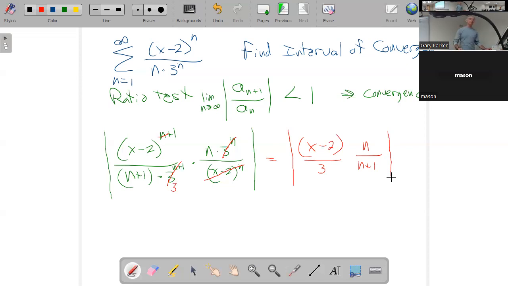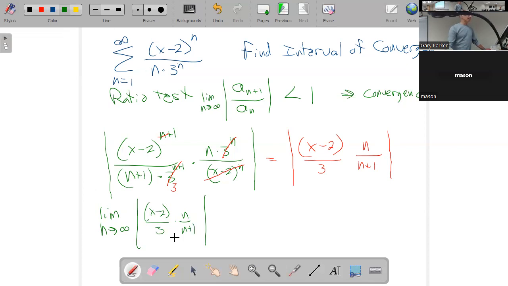But now I'm ready to take the limit. What limit am I taking? I am taking the limit as n goes to infinity of all of that. And the only place I have n's is right here. And we've seen limits like that plenty of times.